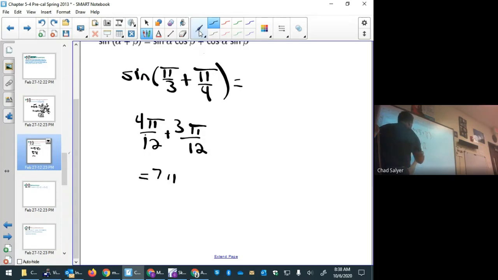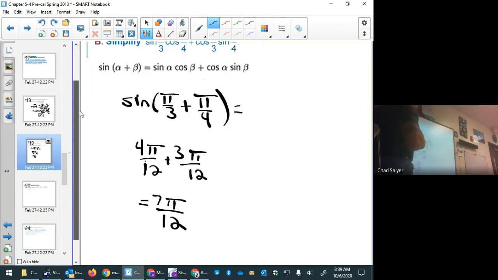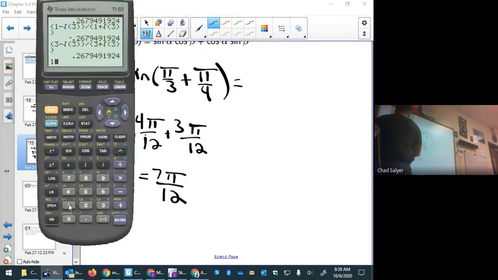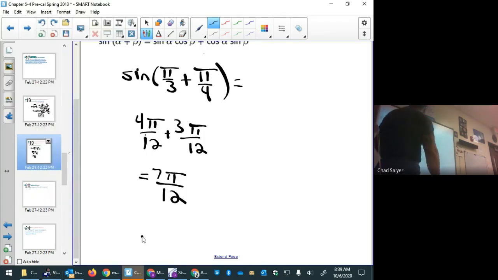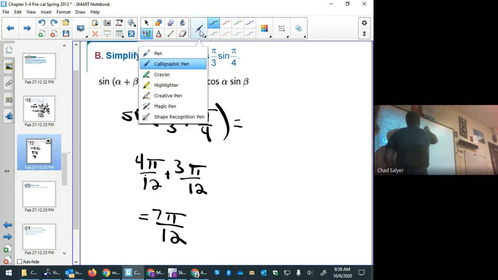And that is 7 pi over 12. Not on the unit circle, so just double check myself here. So not on the unit circle, meaning we can just work it out this way.